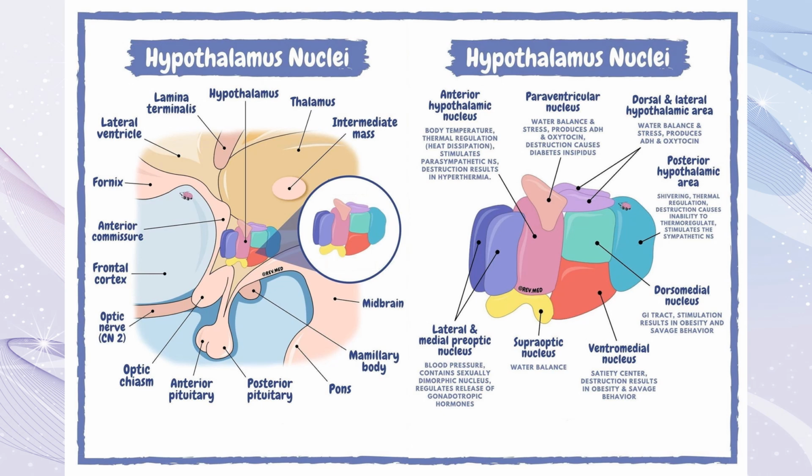Ventromedial nucleus, satiety center, destruction results in obesity and savage behavior. Supraoptic nucleus regulates the water balance, and the lateral and medial preoptic nucleus regulates the blood pressure, contains sexually dimorphic nucleus, and regulates the release of gonadotropic hormones.